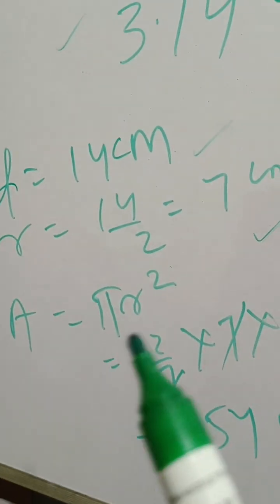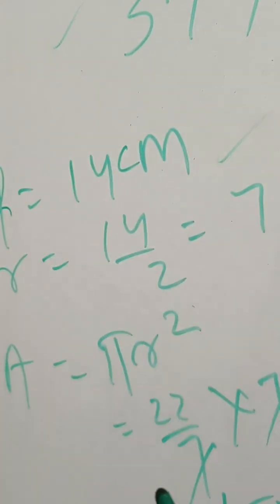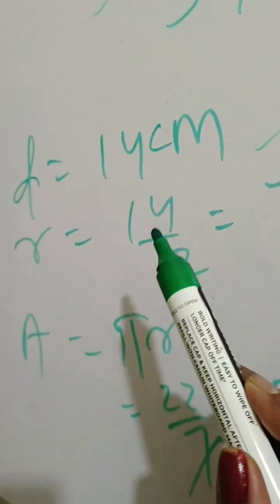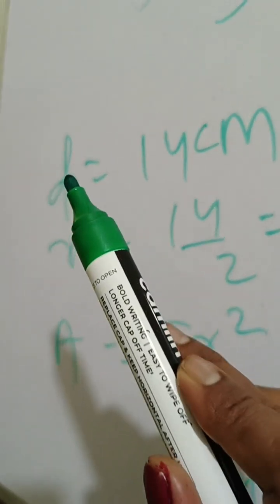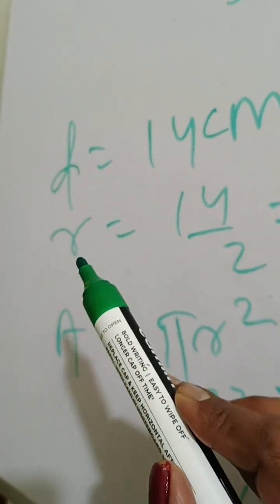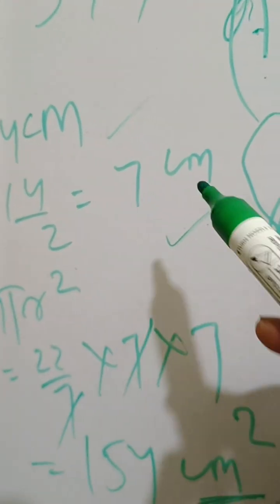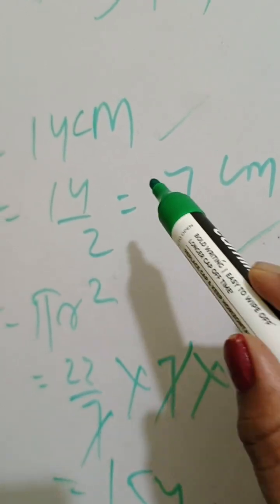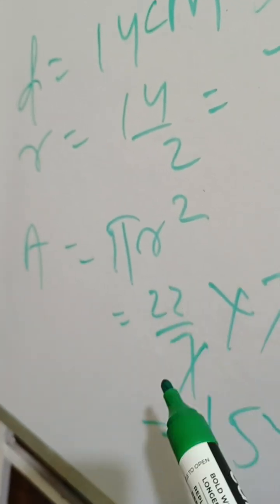And what is the area of a circle whose diameter is given as 14 centimeter? The radius: I have told you that the diameter is 2 times the radius, so we find the radius by dividing the diameter by 2. 14 divided by 2 gives the radius, that is 7 centimeter.